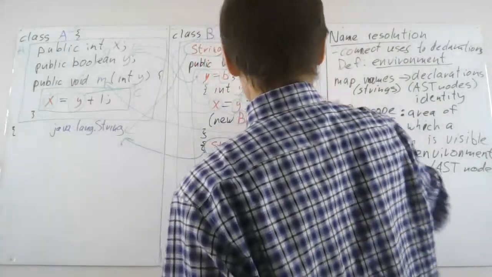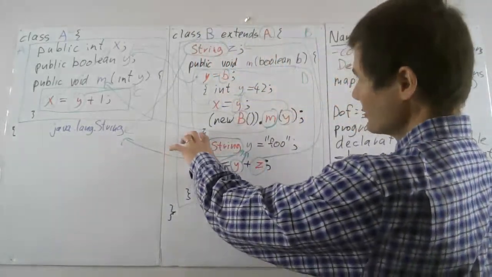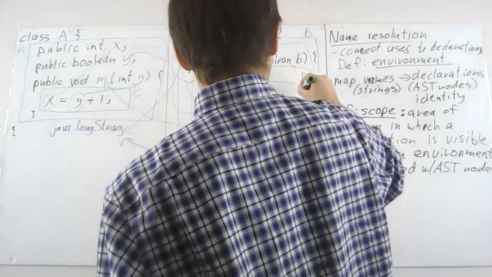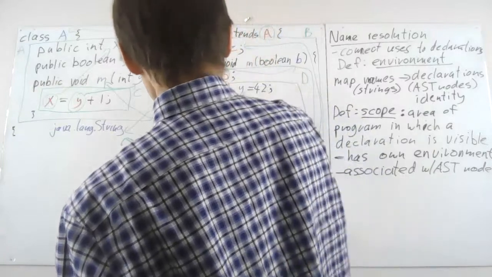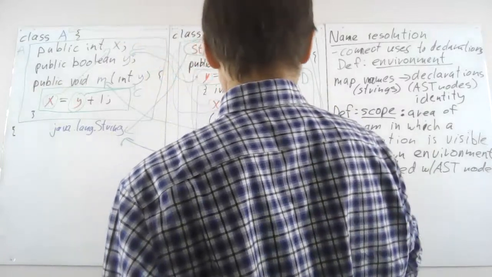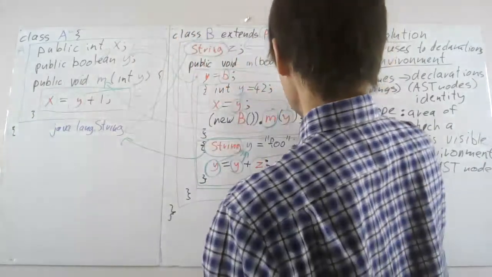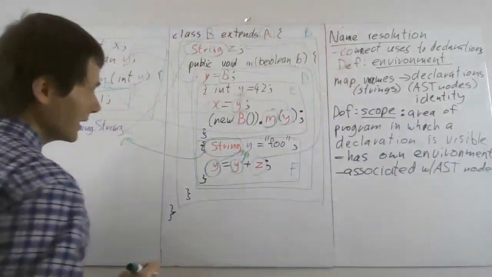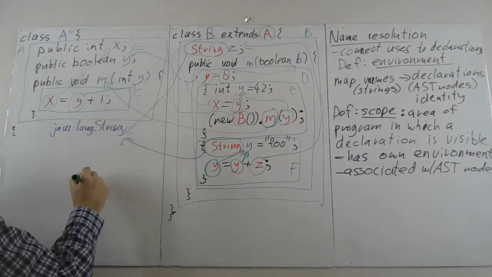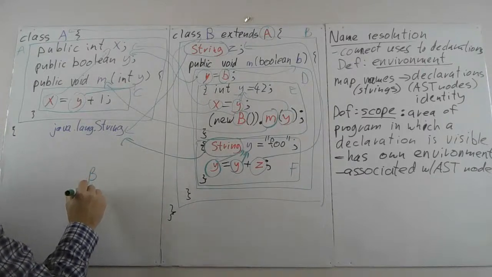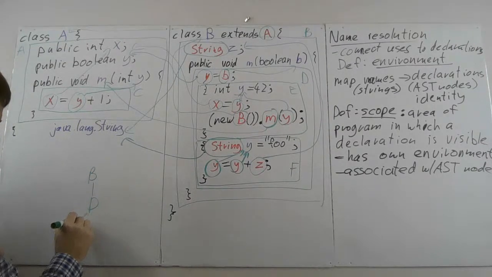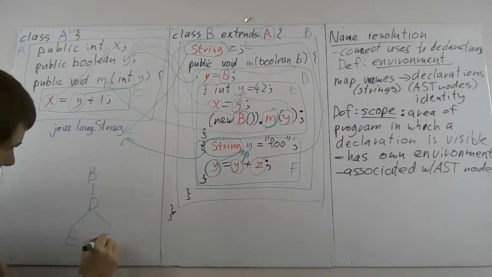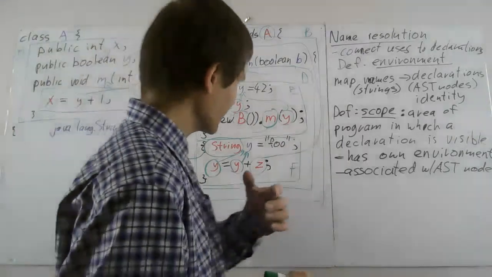All right, let's call this one D. And then, each time I create a block, that creates a new scope in Java as well, right? And so I'll call these E and F. All right, and so these scopes are nested, right? So I've got B, and then D is nested inside B, and then E and F are nested inside D.